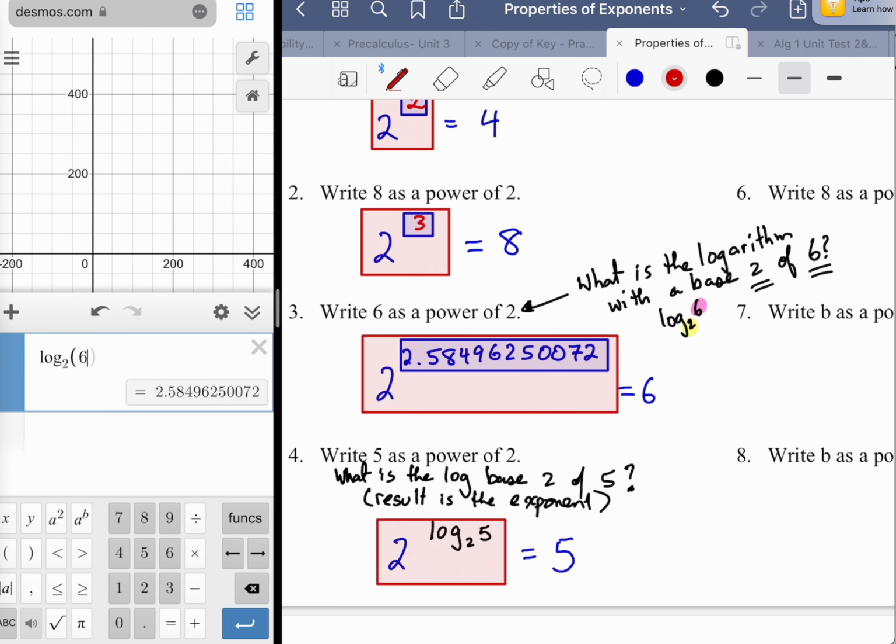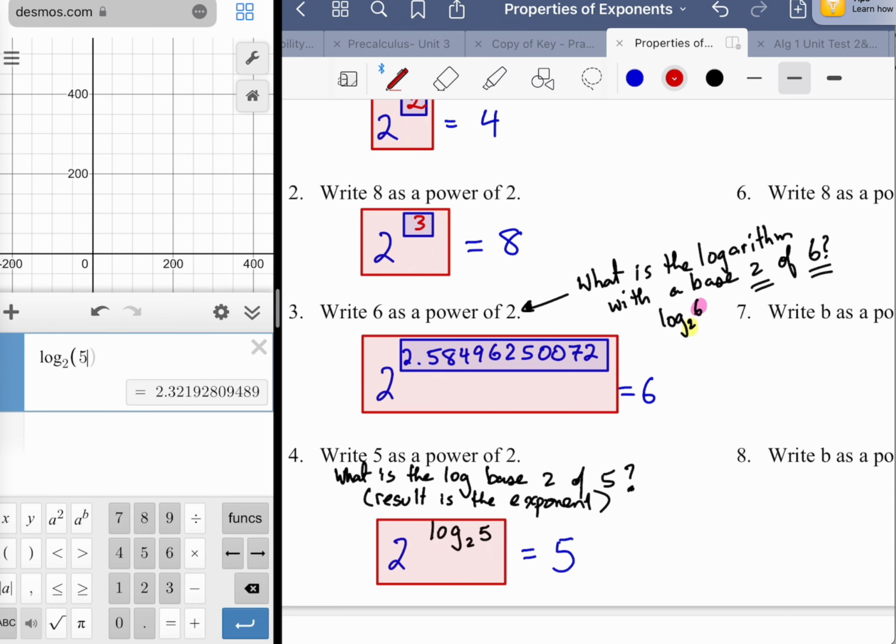So now I could just figure that out for something like number 4. Log base 2 of 5 would be that disgusting decimal. Now, if I want to verify that the left side of this equation is going to give me, in fact, the number 5, because it's kind of weird to look at. You say 2 raised to the log base 2 of 5, and you're like, somehow that's going to equal the 5?